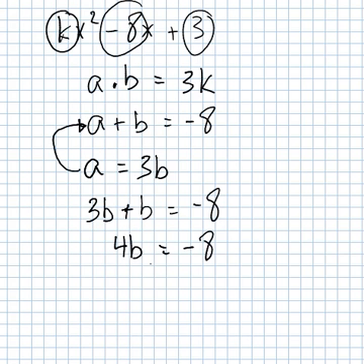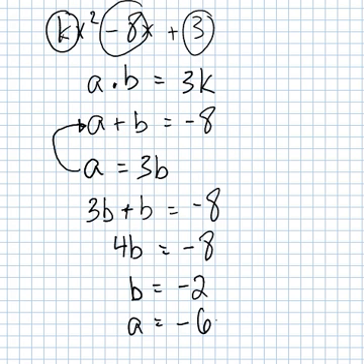Divide both sides by 4, and you get b equals negative 2, which means that a has to be... negative 6. Sorry, 3 times b is negative 6. Okay, so those are the two numbers that I'm looking for.